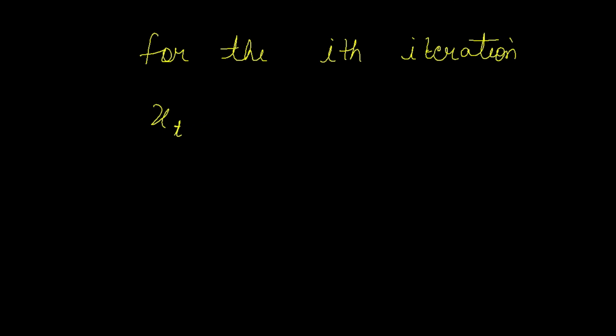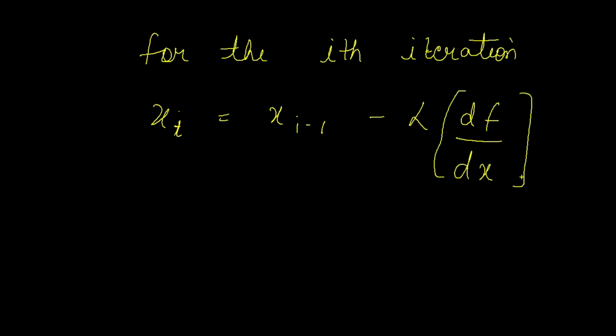For the ith iteration, xi is equal to xi minus 1 minus lambda times df/dx at xi minus 1. So this is the update equation.